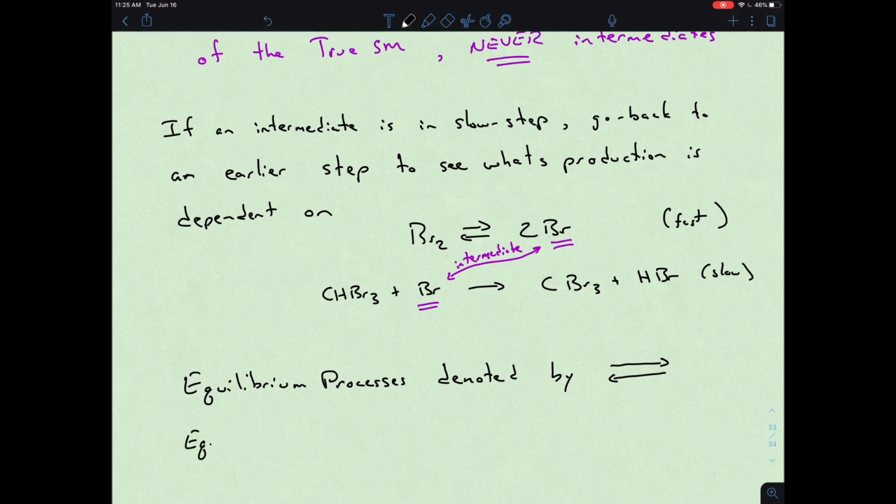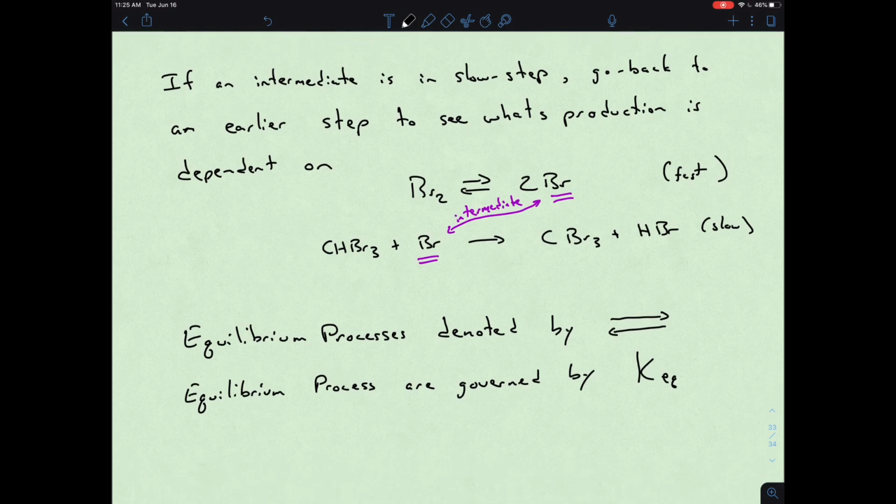These equilibrium processes are governed by KEQ. This is not a rate constant. This is known as an equilibrium constant. Equilibrium constants are capital K, rate constants are little k.